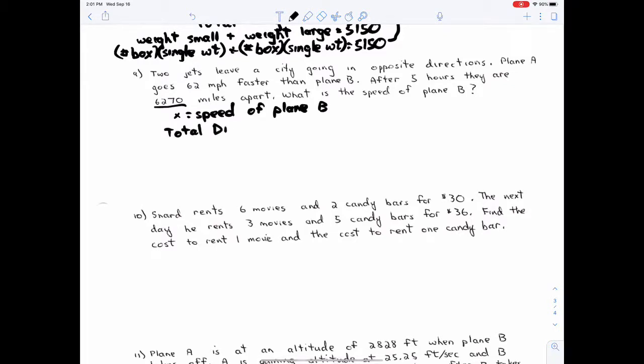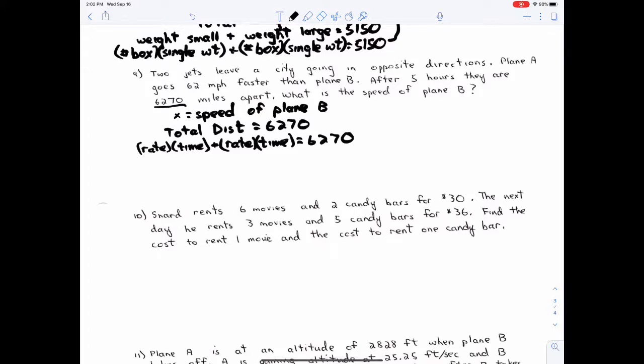I'm just trying to go through as many examples as I can quickly for those people that kind of get it. Okay, so what's that? Distance of A plus distance of B. Okay, how many times have we done this? So we have rate times time of A plus rate times time of B equals 6270.